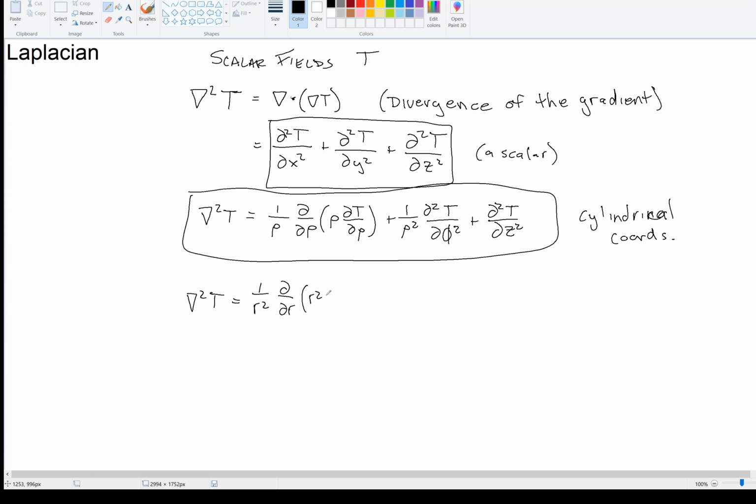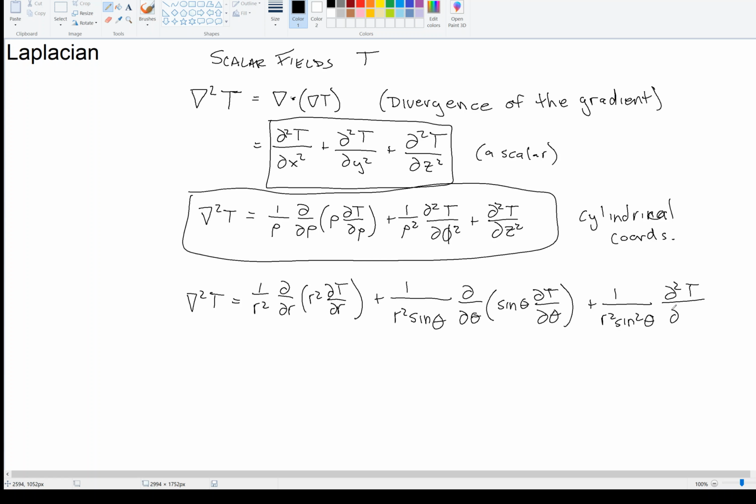So this is the partial with respect to r of r squared dT/dr, plus 1 over r squared sine theta, the partial with respect to theta of sine theta dT/d theta, plus 1 over r squared sine squared theta, the second derivative of T with respect to phi. So this is in spherical coordinates.